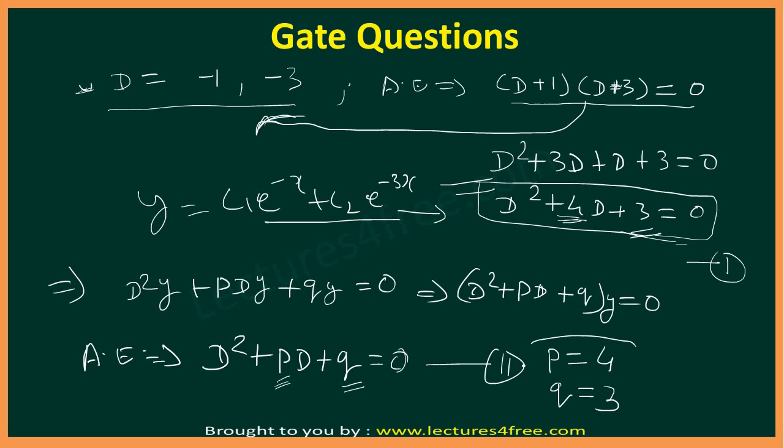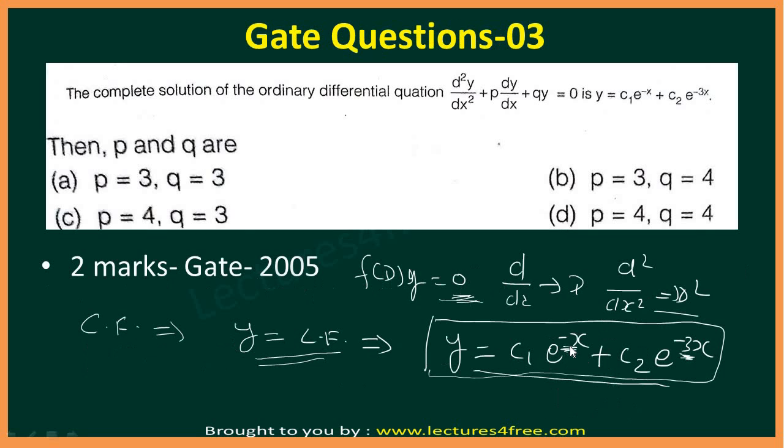So now let's see the options, in which option you are getting p equal to 4 and q equal to 3. Here we can see option C. In option C, you are getting the right option. So for this question, option C is correct.